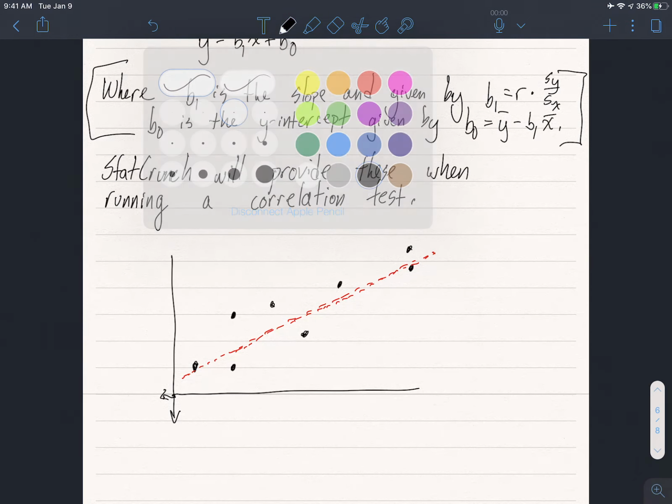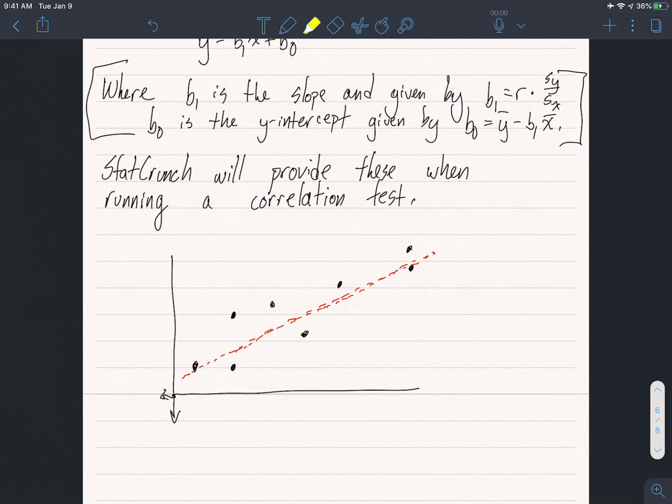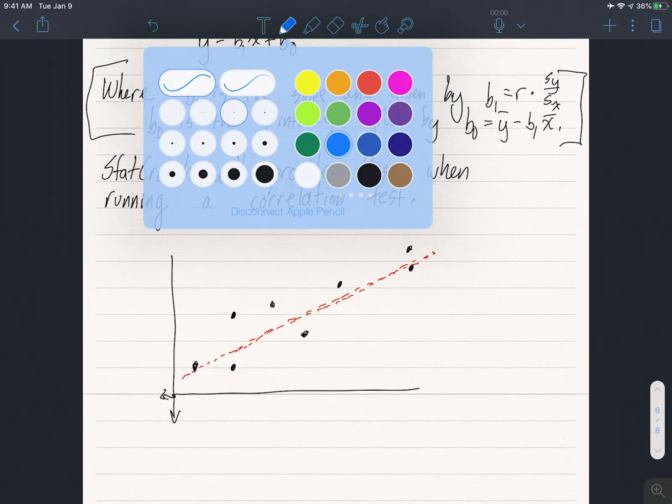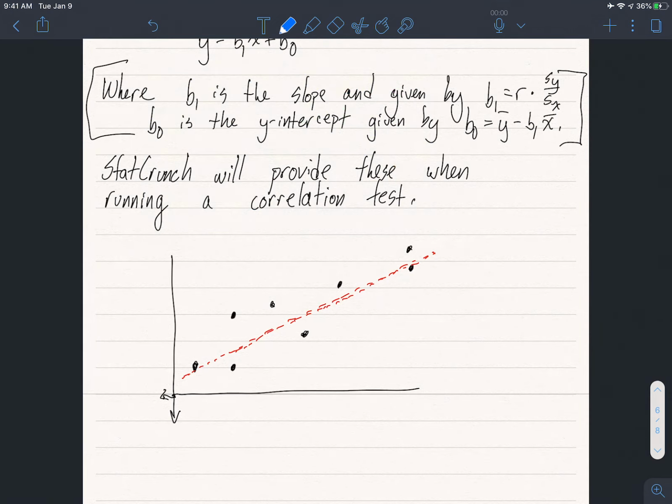What are residuals? I keep saying that. There's one line that minimizes the difference between where the dots actually lay. Let's say this dot. This distance away from my predicted line right here, this is the residual.